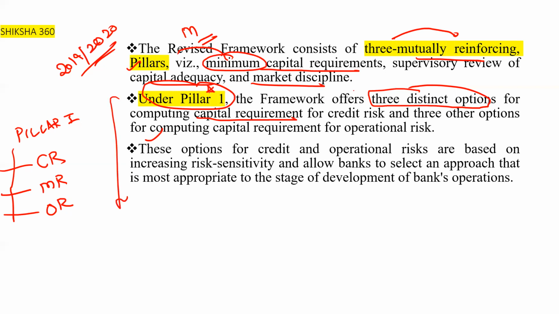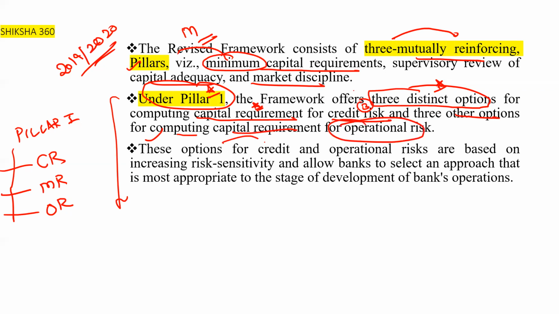Under pillar 1, the framework offers 3 distinct options for computing the capital requirement for credit risk, and 3 other options for computing capital requirement for operational risk.